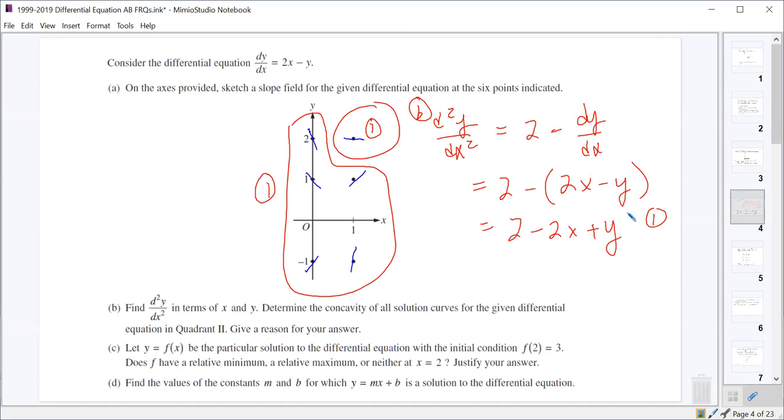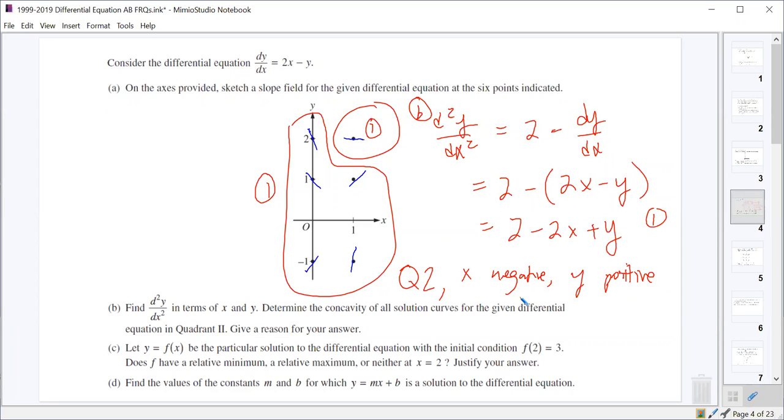And then your reasoning why all points in the second quadrant are positive. Well, in quadrant 2, x is negative, y is positive, so you end up with a positive and another positive and another positive.